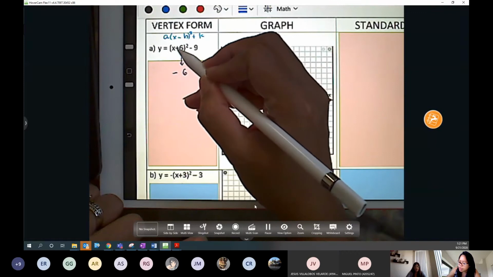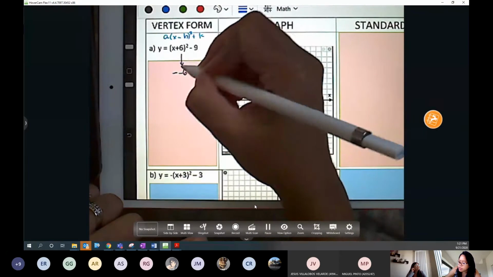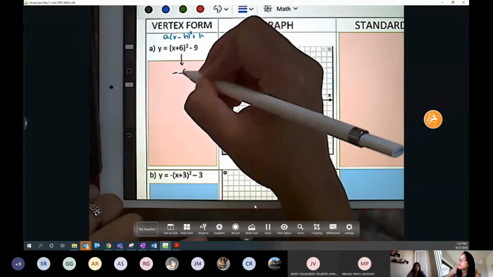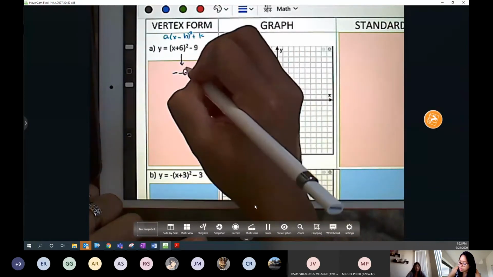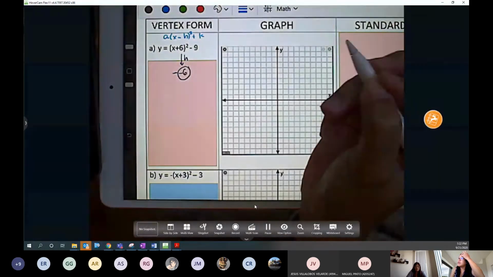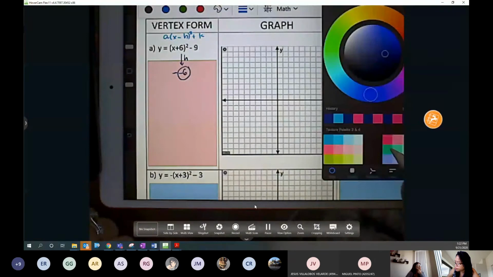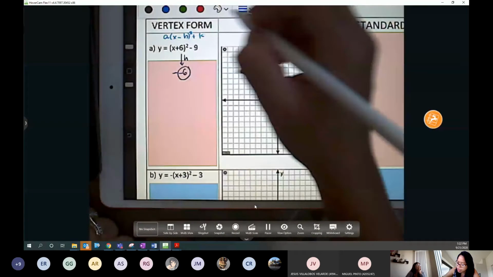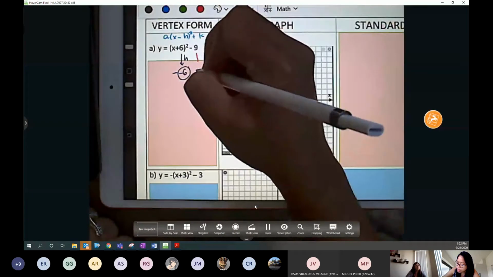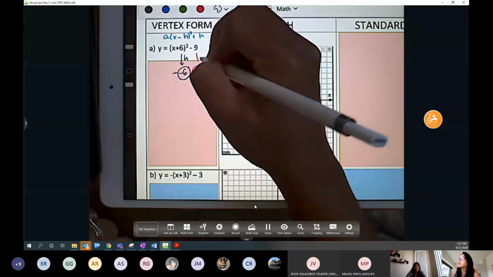So a negative multiplied by another negative is gonna give me a positive 6. So now my H is negative 6. Okay, and then for the K, I just grab the negative 9, and that would be your K.